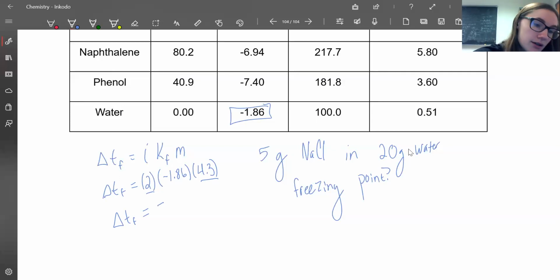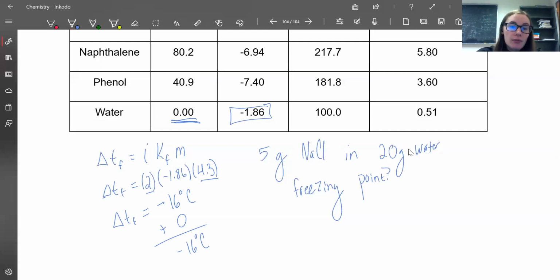I got about negative 16 degrees. Water usually freezes at 0. We're freezing at 16 degrees below where it normally freezes. So in this case, we are going to be freezing at negative 16 degrees Celsius.